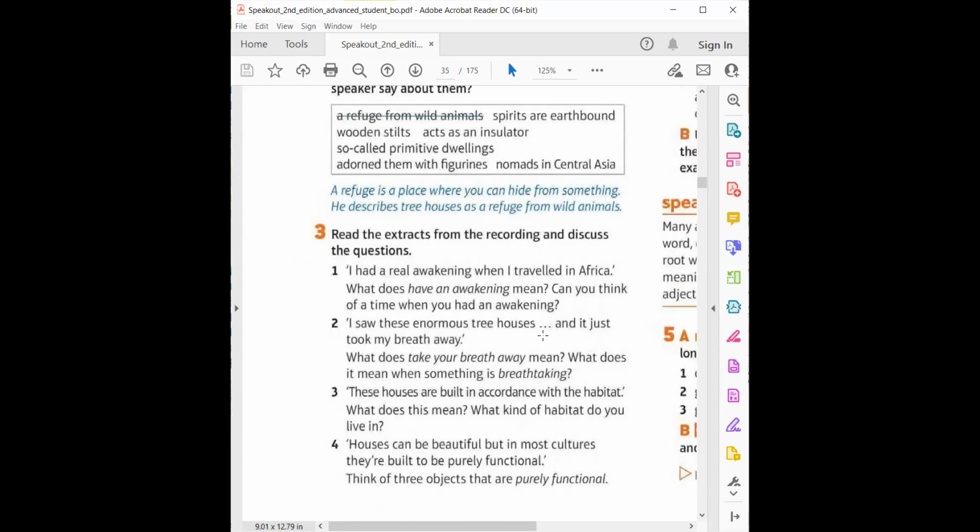No, it means it's like when you're shocked, but in a good way. Yes, in a good way. It feels magnificent, breathtaking. Because here enormous tree houses means so many tree houses. So that look made you very excited, very shocked. Yes, it's breathtaking, or it took my breath away.